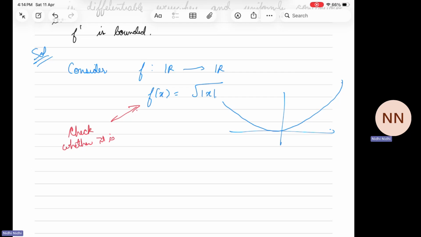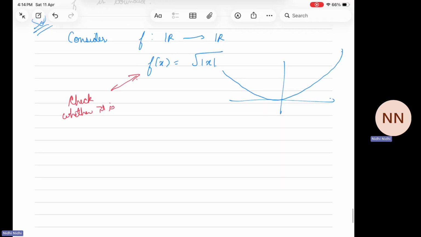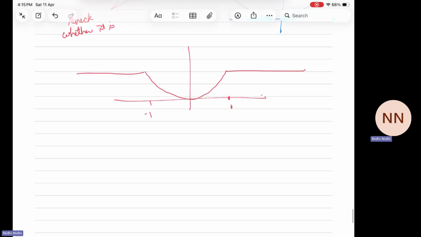Okay, I'll define f such that this is equal to root mod x in a bounded domain near zero, and after that, this is some constant. So if we define the function to be root mod x for x between 1 and -1 and 1 outside, this will surely be uniformly continuous.